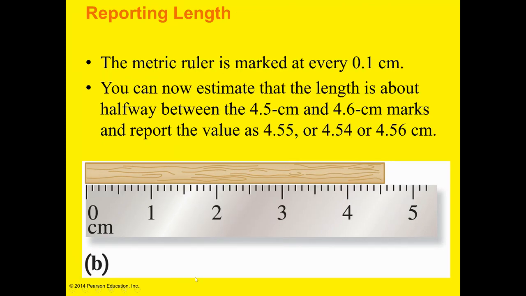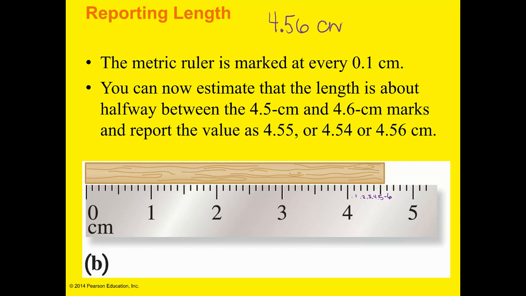Okay, now if I have a centimeter ruler where it's better marked, then I look at this now and I know based on those markings that it's 4.5. So let's look, 4.1, 0.2, 0.3, 0.4, 0.5. So for sure it's that, but it's somewhere between 0.5 and 0.6. So now I can take the reading, make a guess. I look at that and I'm going to say 4.56.